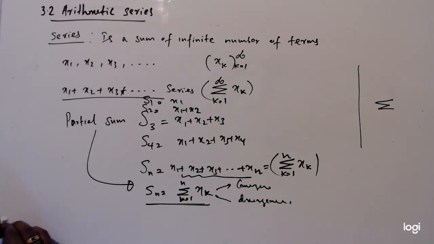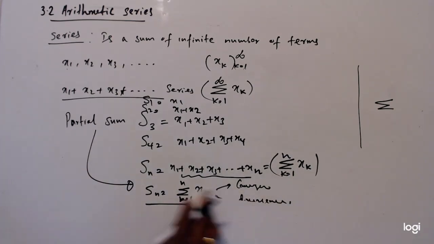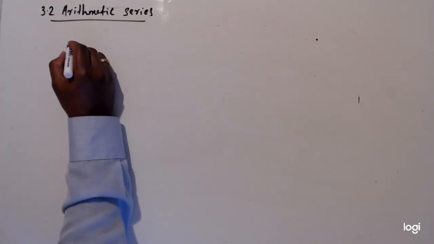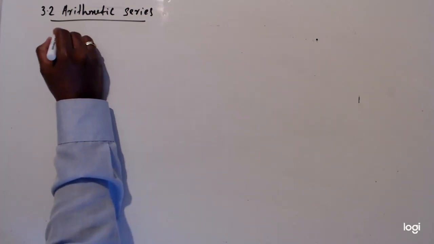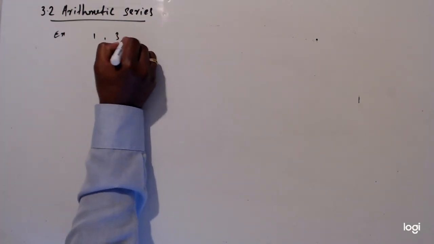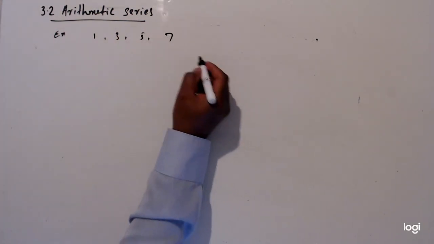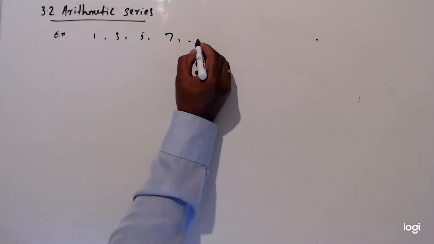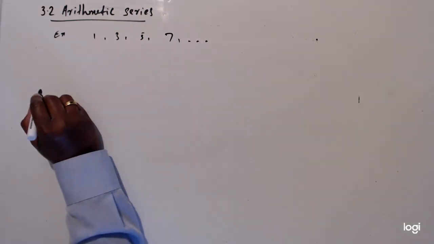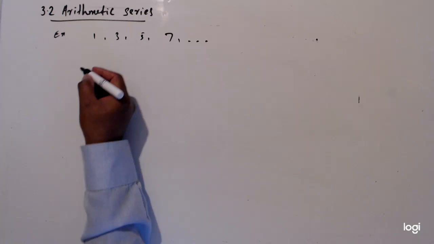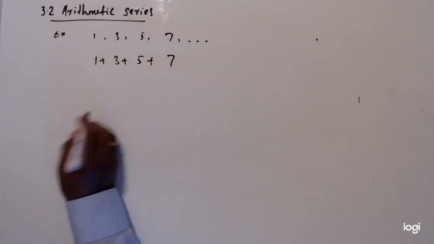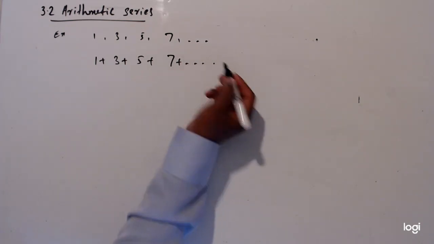I will discuss an example. I'll write the arithmetic sequence 1, 3, 5, 7, and so on. So this is the sequence, and the series is 1 plus 3 plus 5 plus 7 plus dot dot dot.